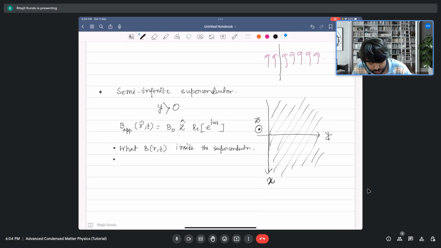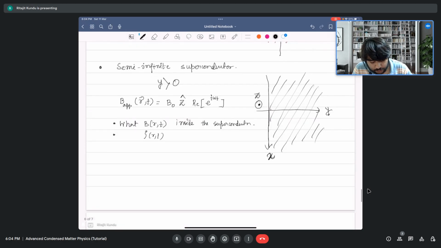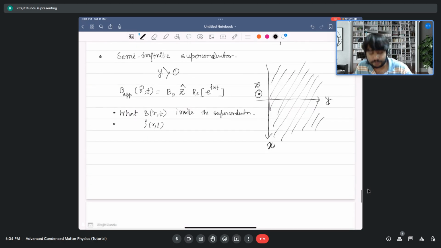So what is the supercurrent because of that? You already know that very deep inside the bulk of the superconductor the magnetic field becomes 0. So the question we are asking is how exactly does it go to 0? Probably this is something you have done, but let's formulate this very systematically.